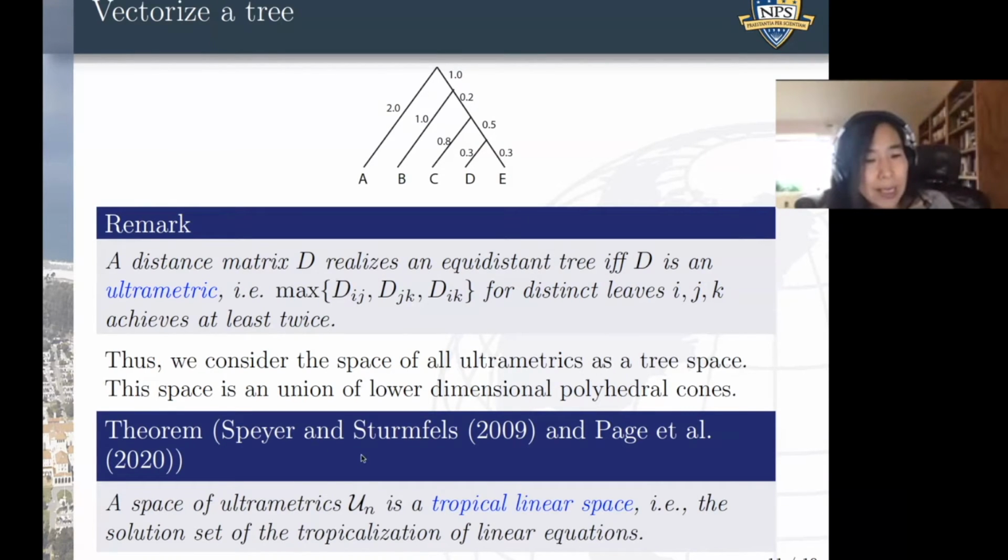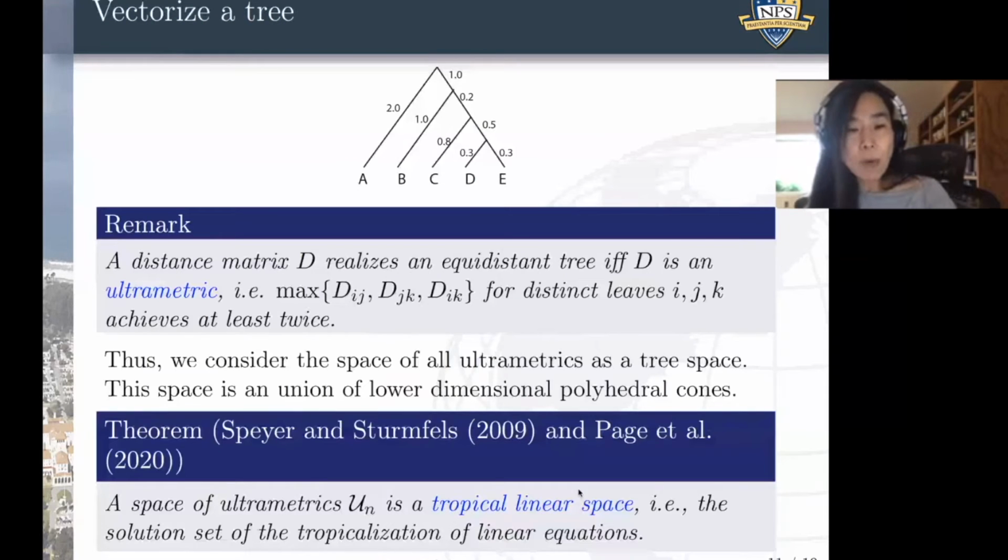And also, as I said, the space of ultrametrics, I denote U_n. This is a tropical linear space, and that's basically the solution set of the tropicalization of a linear equation. Okay, so that's a quick fact.